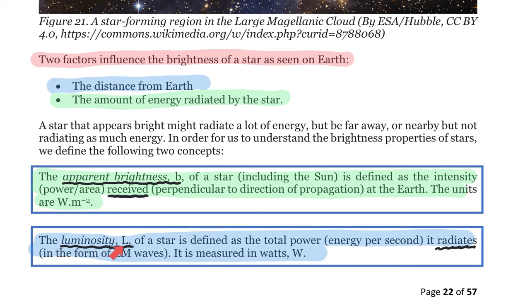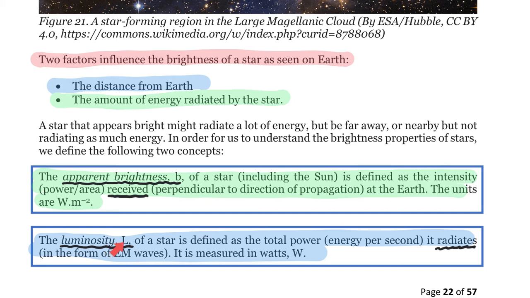The second property is the luminosity. We're going to use the symbol capital L for luminosity, and it is defined as the power, energy per second, that it radiates, and that radiation would be in the form of electromagnetic radiation. So it is measured purely in watts. We can see these two are very closely related to each other.